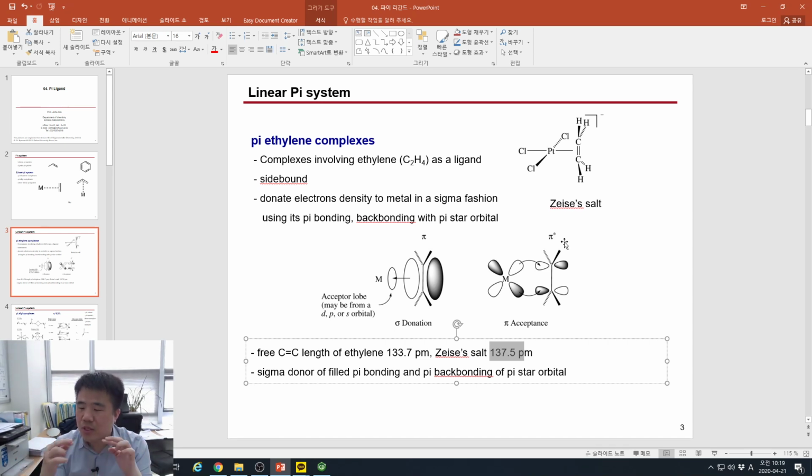Bond strength weakened means the bond length is elongated to longer. How about sigma donor? The filled pi orbital gives the electron, and the empty pi star orbital gets the electron. So strong binding.